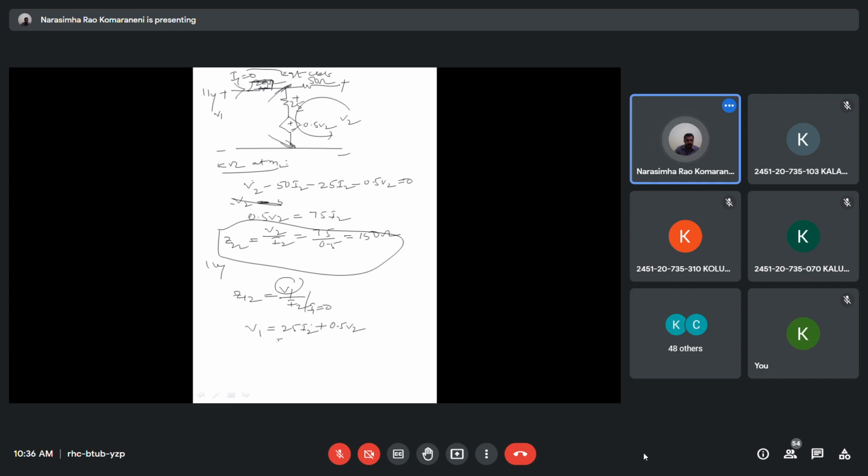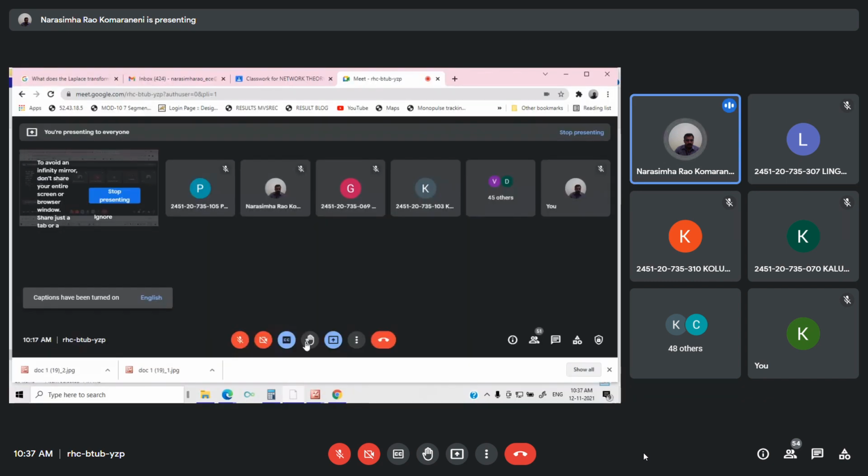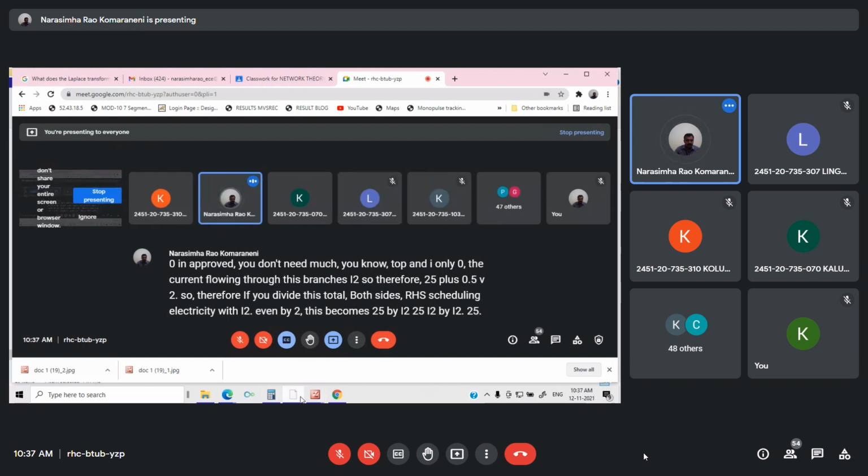So therefore, if you divide both sides, RHS side and LHS side, with I2, V1 by I2 becomes 25 I2 by I2.